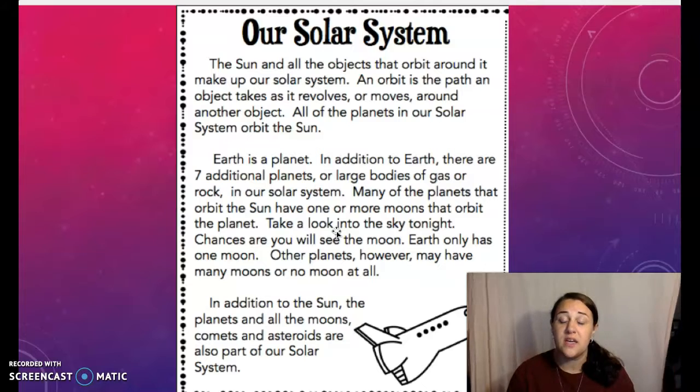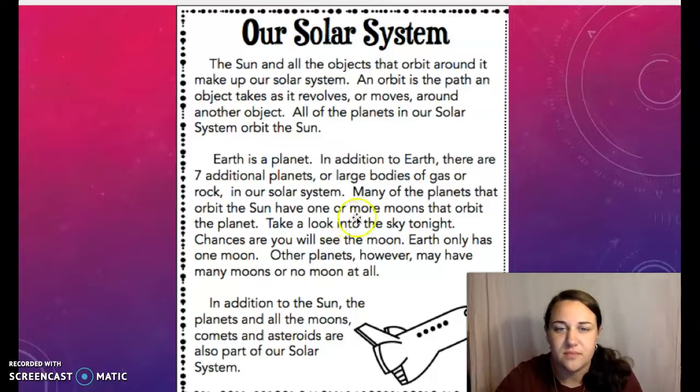And there used to be altogether 9 planets, but Pluto was too tiny, and in recent years they considered it not to be a planet anymore. It became a dwarf planet. But we'll talk about that also later on in the summer. So right now we have 8 planets, and I'm gonna name each one for you.